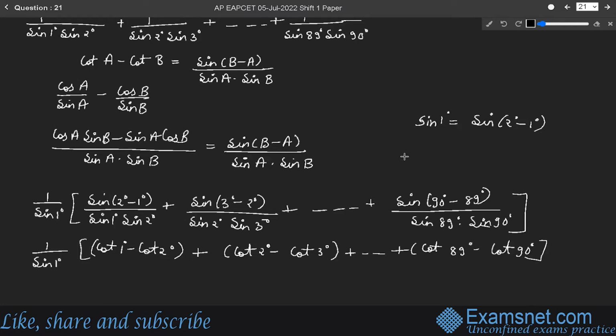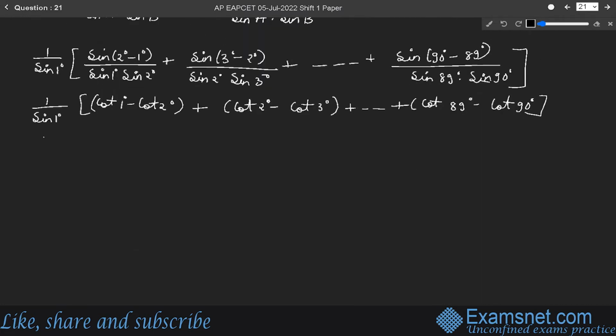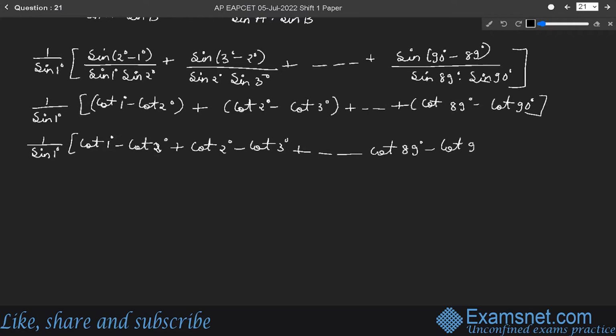Now opening the brackets, it will be 1 by sin 1 degree, cot 1 degree minus cot 2 degree plus cot 2 degree minus cot 3 degree, so on up to cot 89 degree minus cot 90 degree.